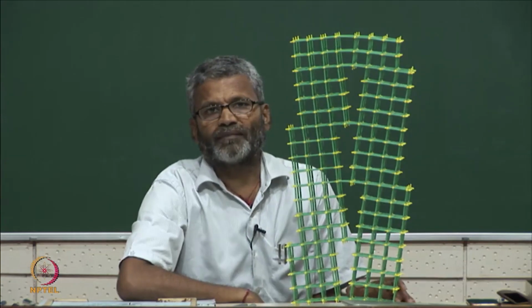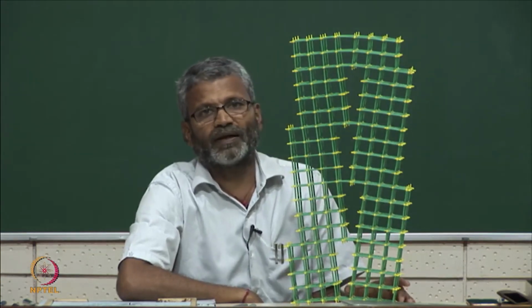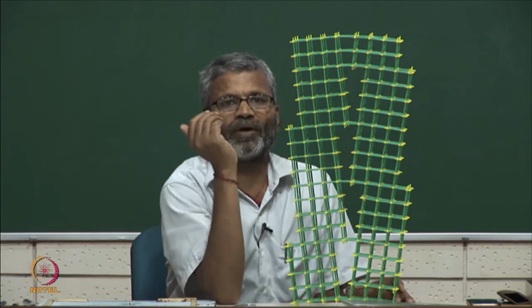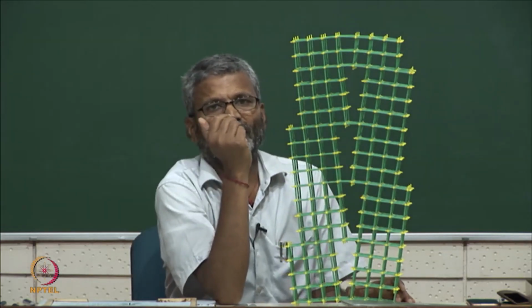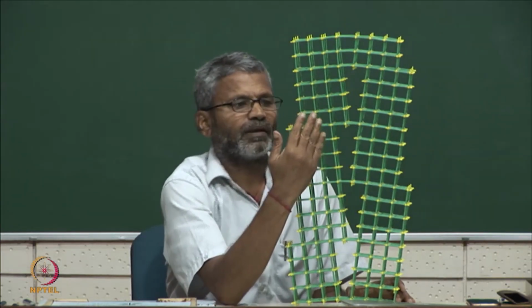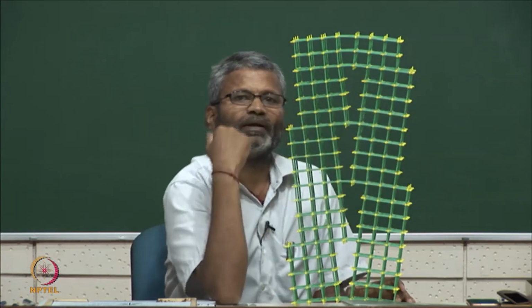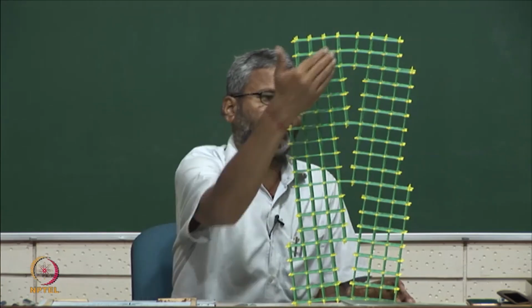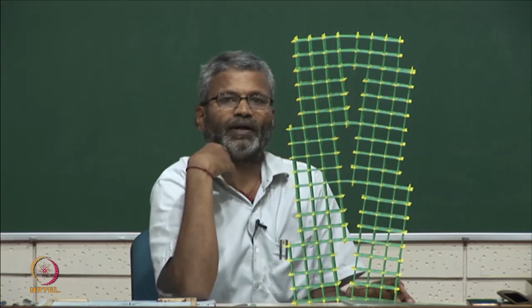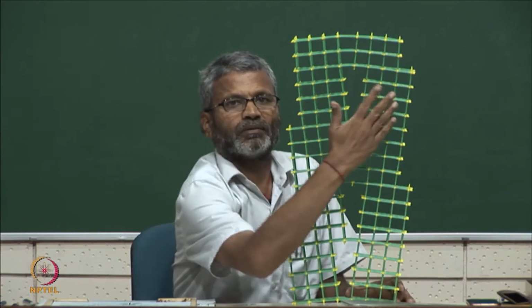That separates the two grains, one on the left and one on the right. You can see that there is a rotation.